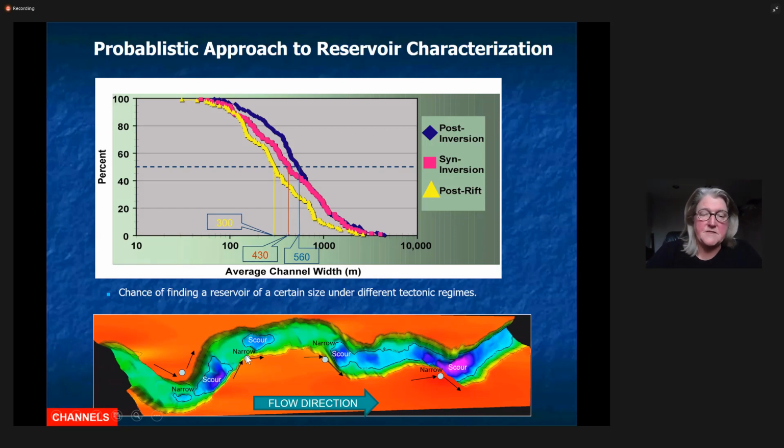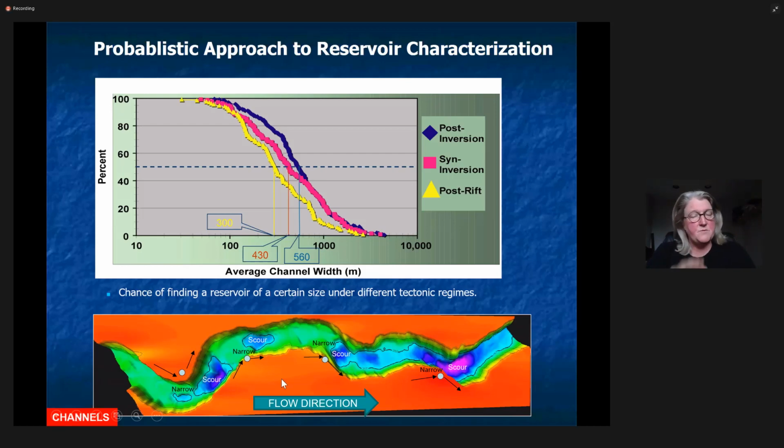So there's a bend in the system, you get a narrowing and a scour. Here's another bend, and that's where you narrow and scour the system. And here's another one.